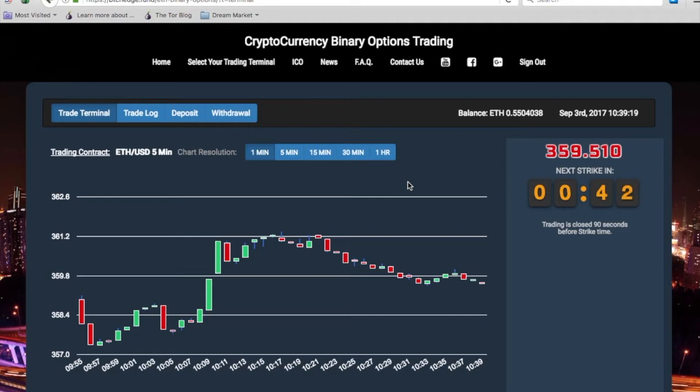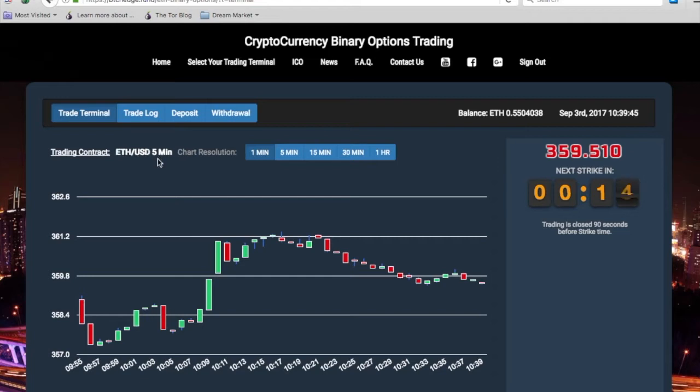So in the terminal we can see what contract we are trading. Now it's Ether slash US dollar 5 minutes. And we have some tabs showing us the trade terminal itself, then the trade log, which now has only one record about our deposit.